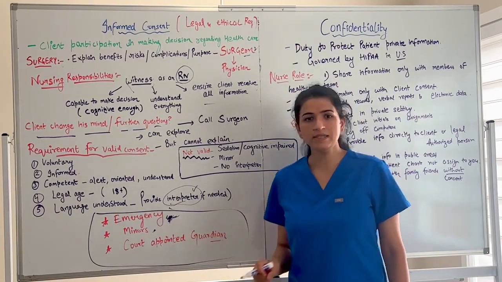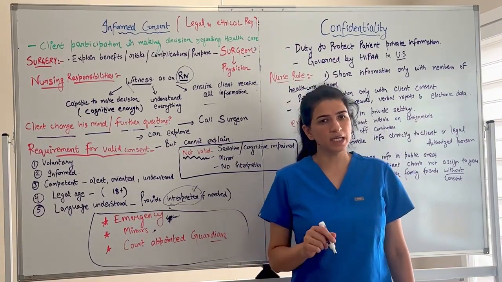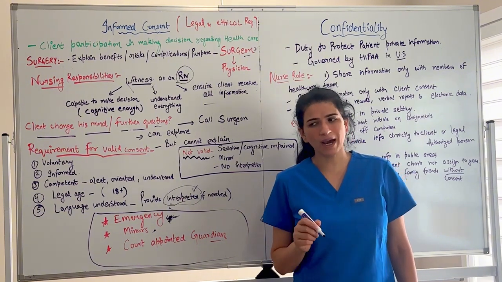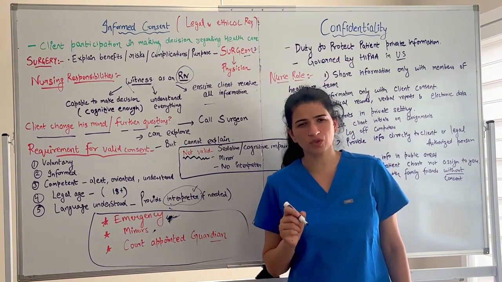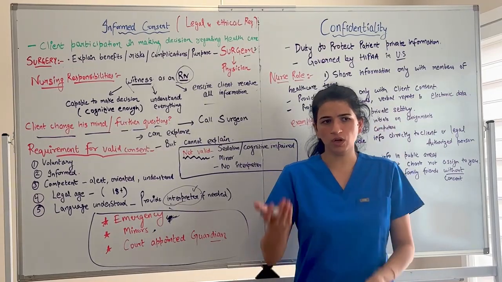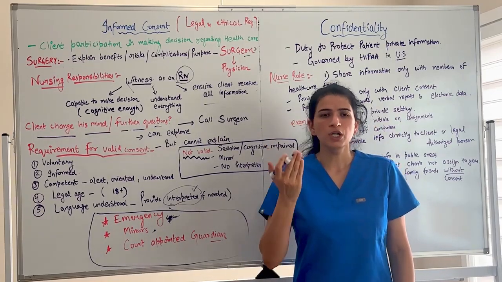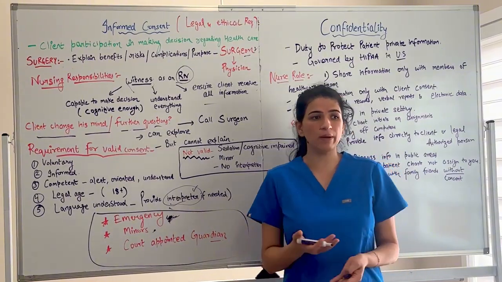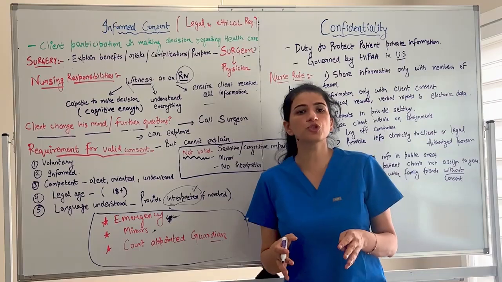Now the second one is minors. In cases of minors, you always need to remember to try your best to have the parents or guardian at the bedside, whether it's an emergency or non-emergency situation. In a non-emergency situation, if you have the parents or family member at the bedside, it's good.